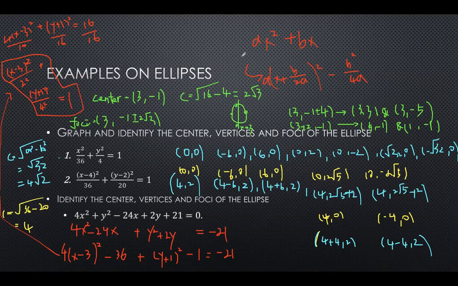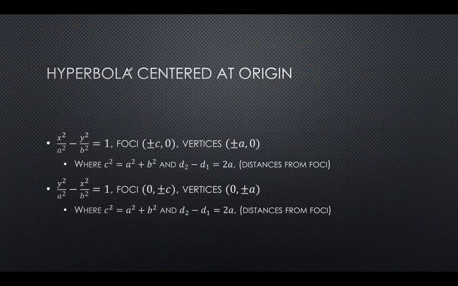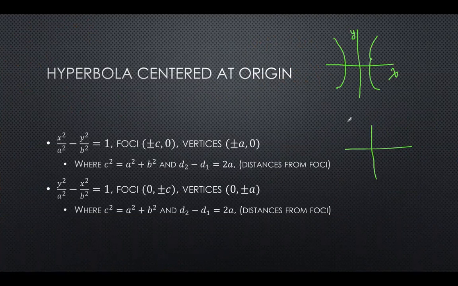Okay, so that is for ellipse. Now, finally, the last topic is hyperbola. A hyperbola is something that looks like this. It could look like this. And it could look like this.